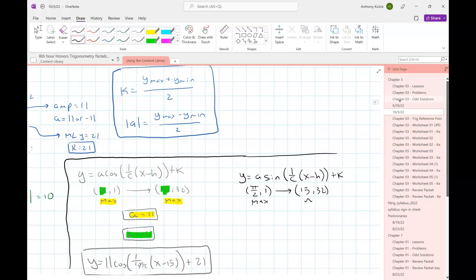So that matches max to max. That will tell me that the A needs to be positive. But to get the H, oh no. I have to do C times the X from the parent plus H has to equal the X from the resultant.